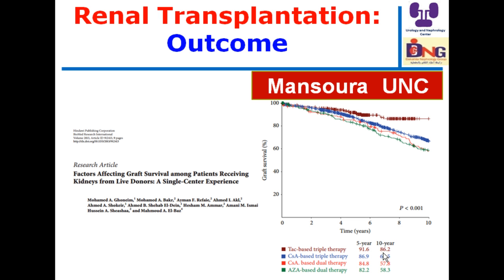We now use tacrolimus in a dose of 0.1 milligram per kg divided into two doses, aiming for a drug trough level of less than 10 nanogram per ml, down to 6 or 7 in the first weeks of transplantation, to be used later between 4 and 6 nanogram per ml. This is a very nice level and is associated with lower side effects.